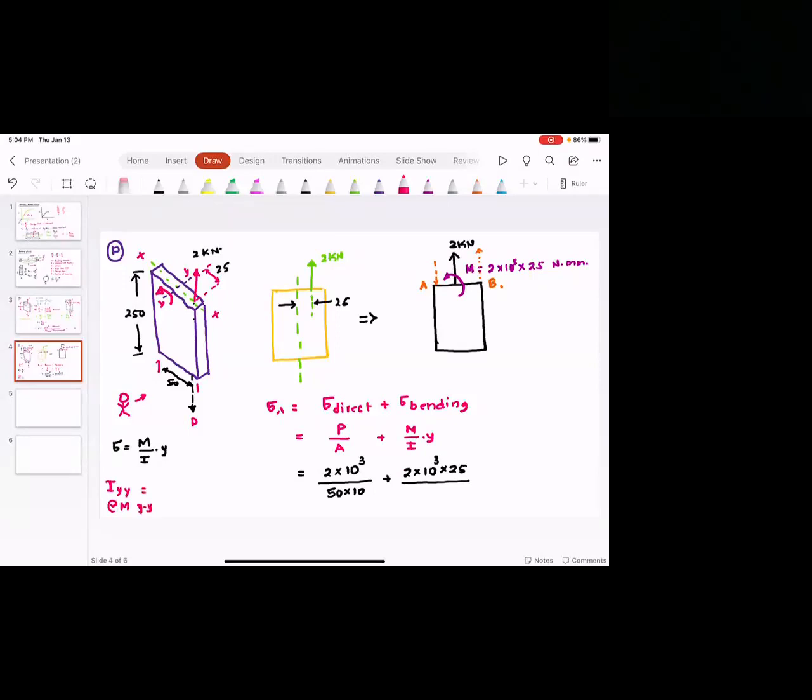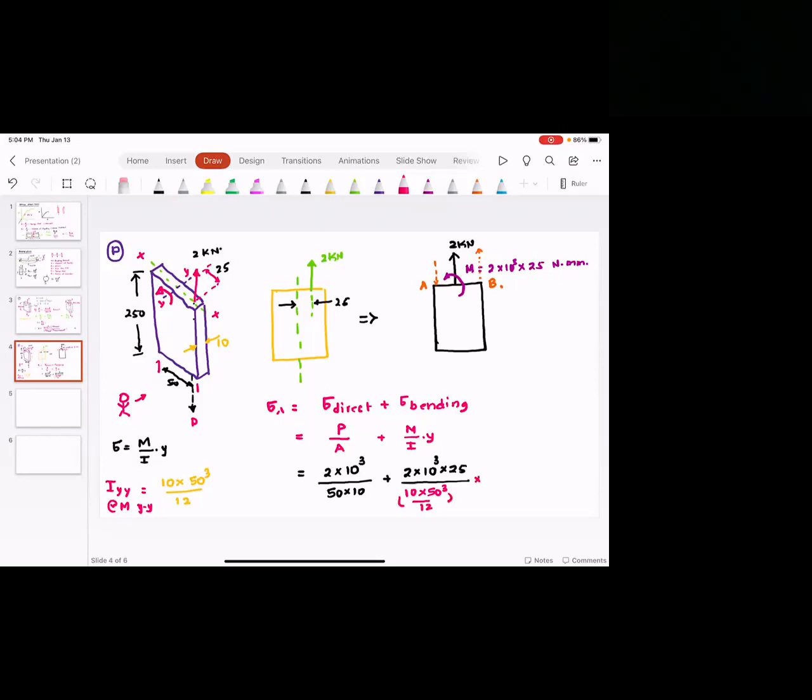And when I find the moment of inertia about y, it will be BD cubed by 12, which means this dimension is 10 and this dimension is 50, divided by 12. So this is going to be 10 times 50 cubed by 12.